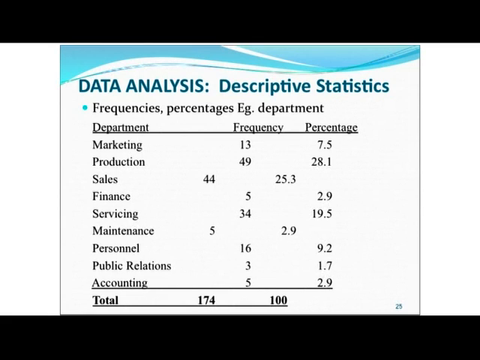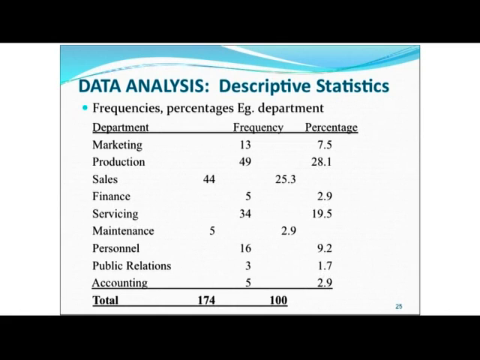So your number in a department, for example 13, divided by your total number, 174, times 100 over 1 gives you 7.5%. Likewise, in the accounting department, 5 divided by 174 times 100 gives you 2.9%. So from your nominal scale, you are only able to determine frequencies and percentages.